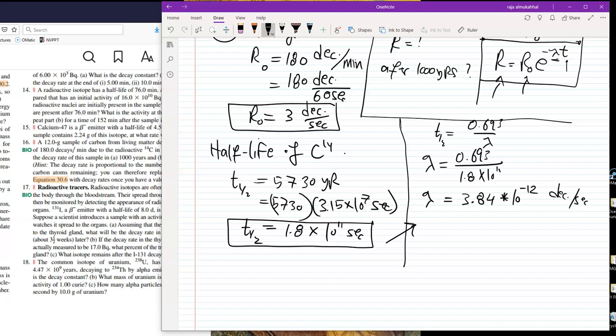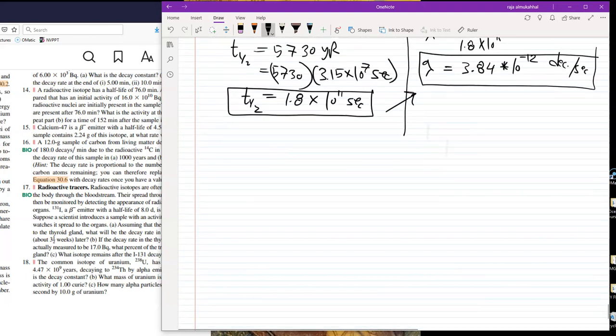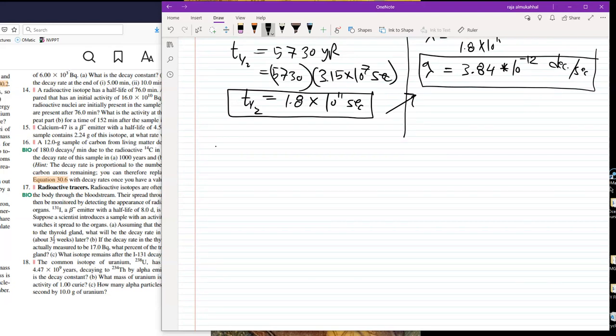There we go. Here's the value of lambda. Basically, I'm done with the problem now, right? So I take that. Now I go back to this formula right here. I'm going to write it down here. So therefore, R equals R naught e to the minus lambda t.